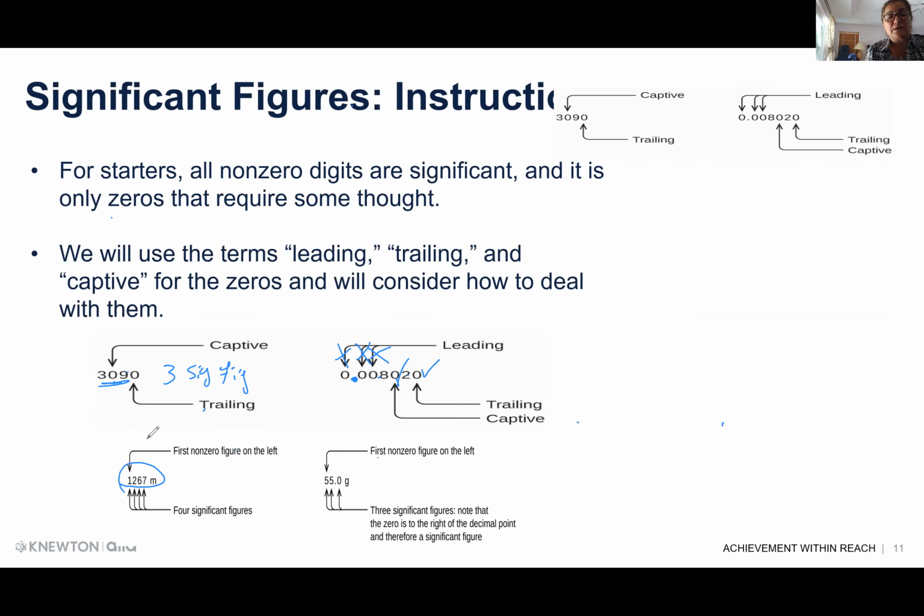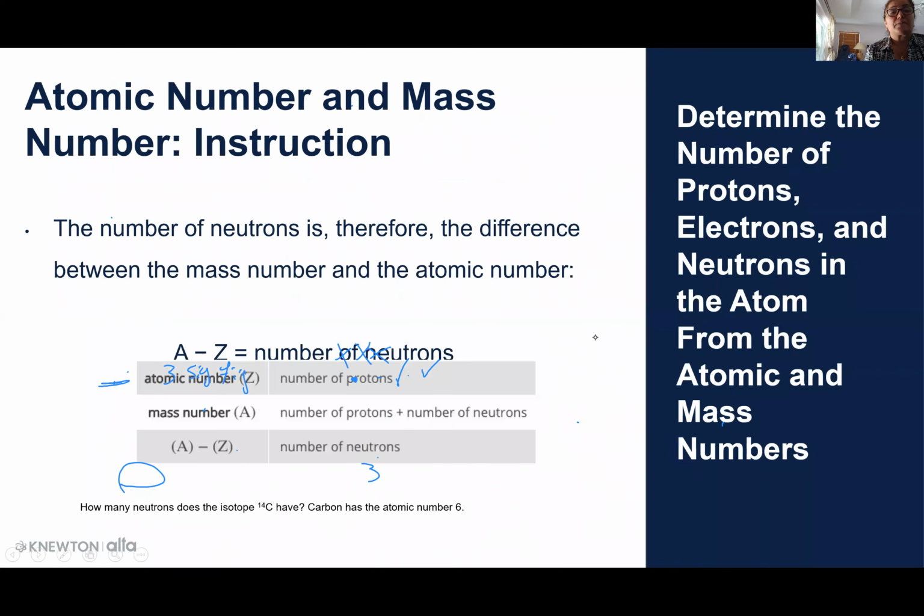And in this case, you have 3 significant figures, because the trailing zero is a trailing zero, but since you can see the decimal point, the trailing zero becomes significant. Another example that we have is very similar to what we have here, so don't worry about that one.